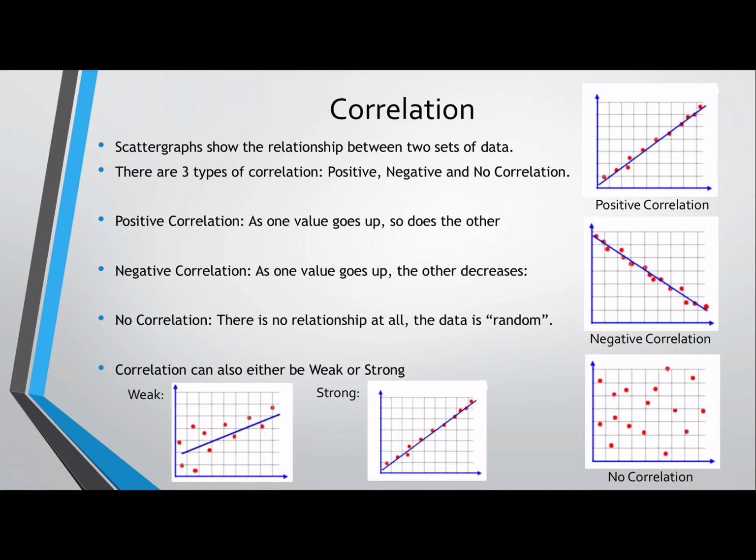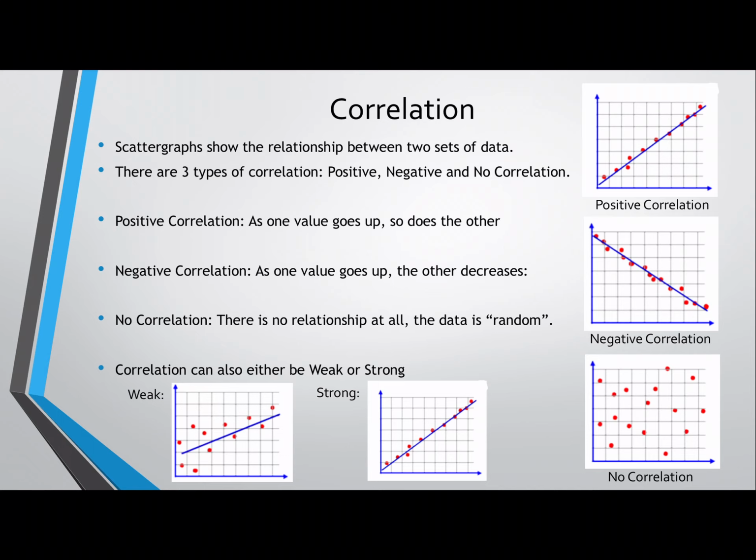So when we're talking about correlation, if you're asked, you need to describe it as either weak or strong, and then positive or negative. You can't have weak or strong no correlation. It's just no correlation, so there are five options. We can have weak positive correlation, strong positive correlation, weak negative correlation, strong negative correlation, or no correlation.